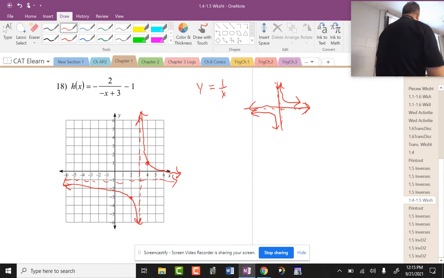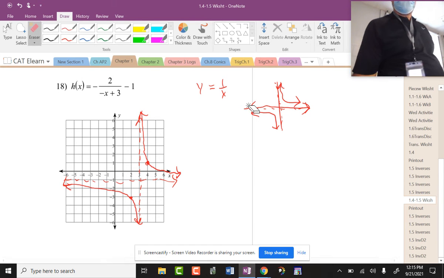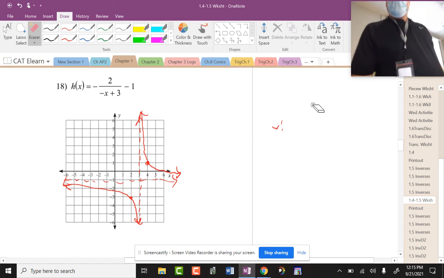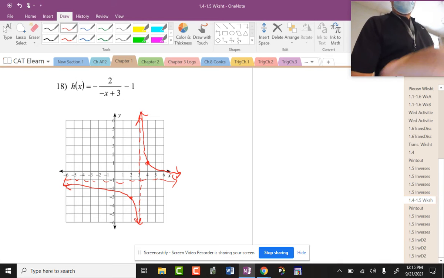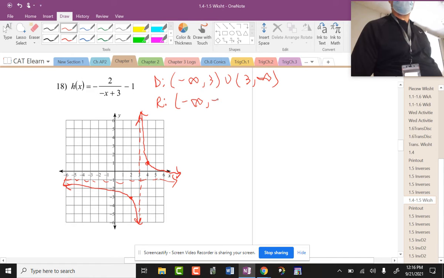All right, so they did ask you to graph, and therefore they did ask you for the domain of the original. The domain is everything but that vertical asymptote. And then the range for the original is everything but that horizontal asymptote.